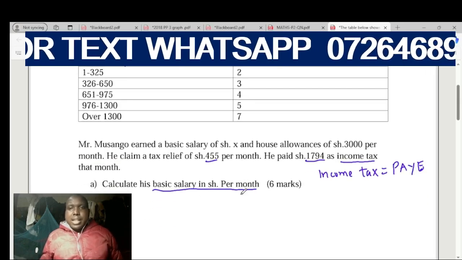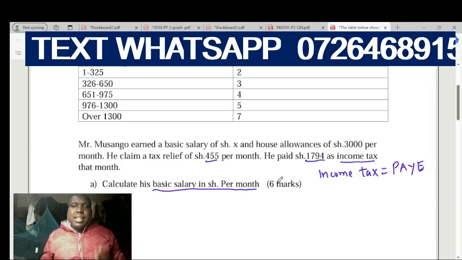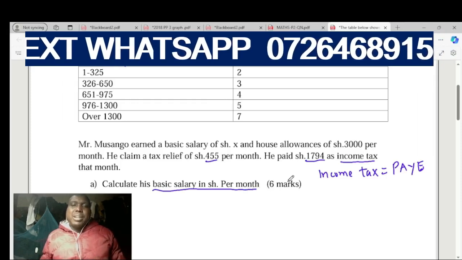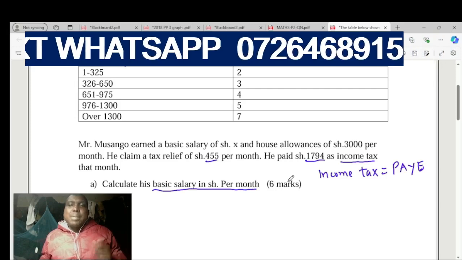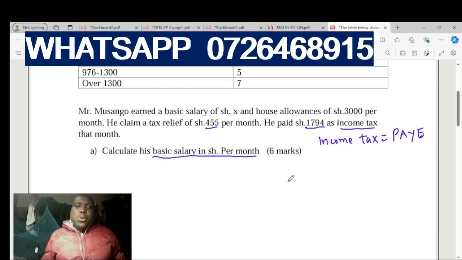So now we start here. We have been given income tax, or PAYE. But how do we get PAYE?